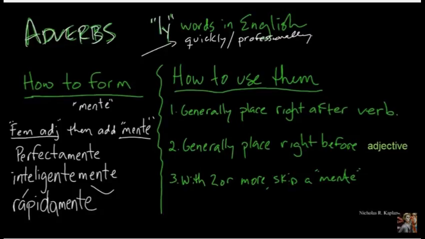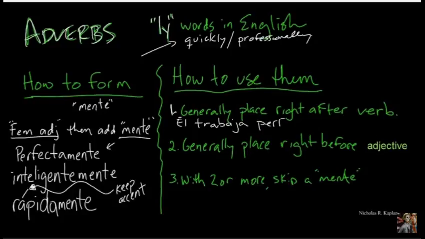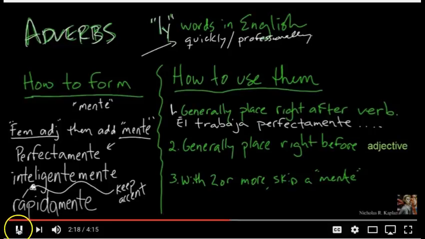Now, if your original adjective has an accent, then it conserves the accent when you add the mente. Well, how do we use them? Generally, we place the adverb after the verb. So we have perfectly. He works perfectly. He works perfectly every day.